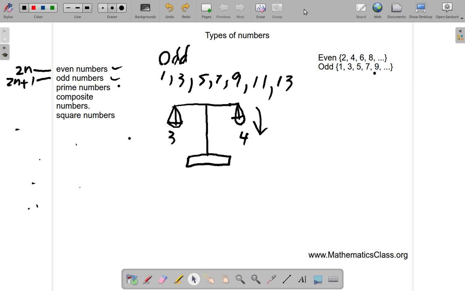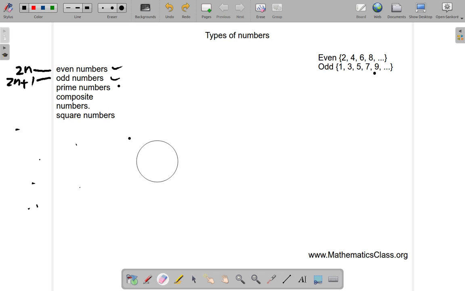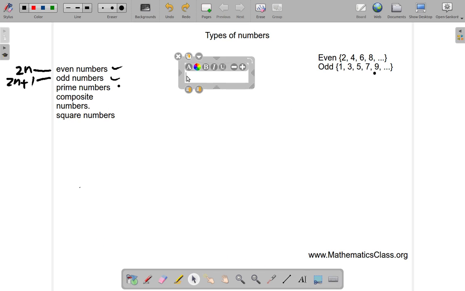Now, prime numbers. What about the prime numbers? With a prime number now, it's a number where if you try to divide it, you can divide it by itself and get 1.